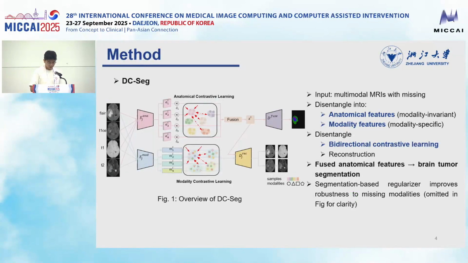Here is the overview of our DC-Seg. The key idea is to disentangle each input MRI modality into 2 types of features, anatomical features and modality-specific features. To achieve this disentanglement, in addition to the traditional reconstruction-based approach, we further introduce a bidirectional contrastive learning, which consists of anatomical contrastive learning and modality contrastive learning.